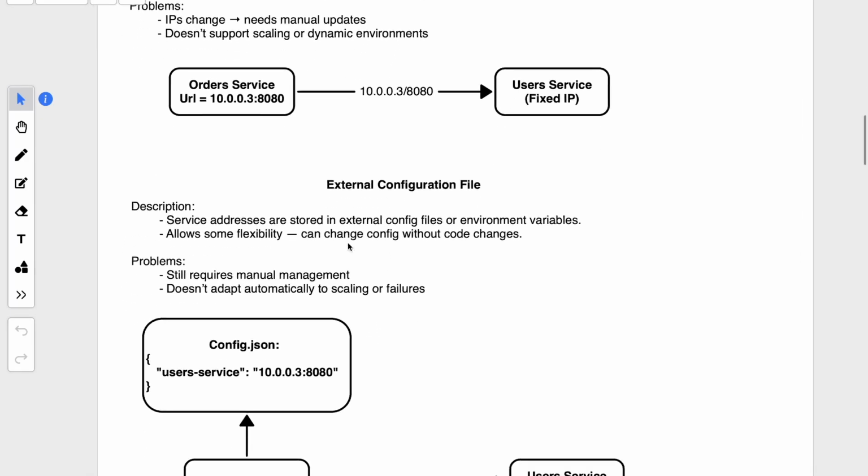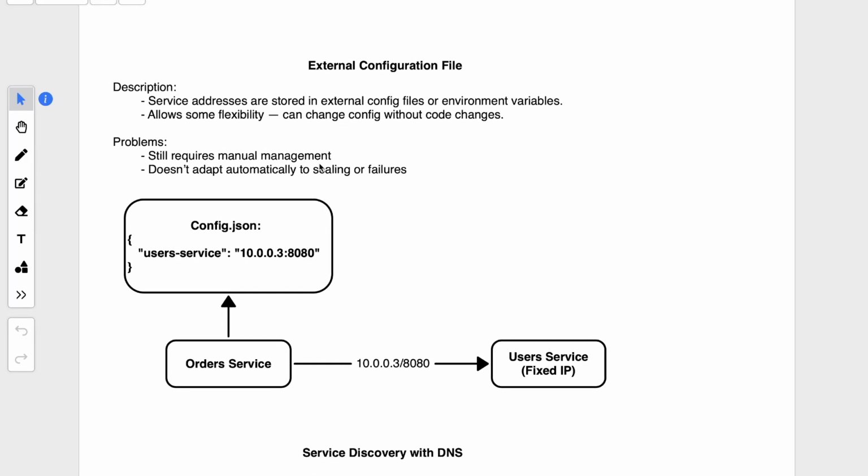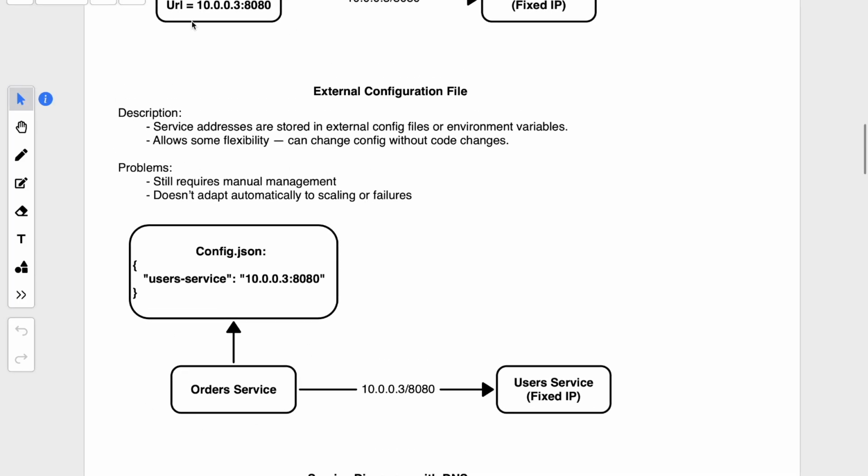Another approach we can take is maybe put some configuration file. For example, it can be in some external memory, or a configuration file can be passed as an environment variable in the service. Basically, instead of hard coding it in the service itself, we just fetch it from a configuration file that is stored somewhere.